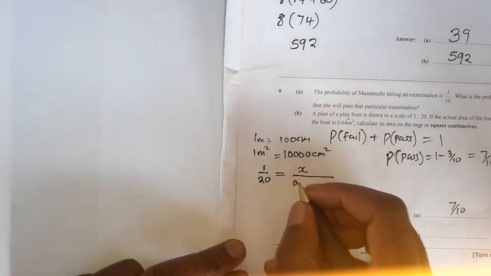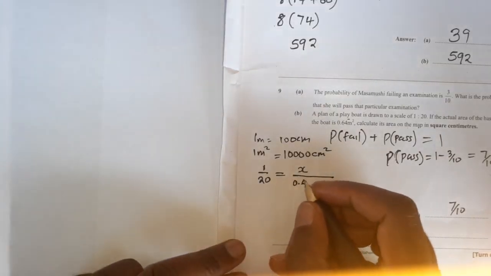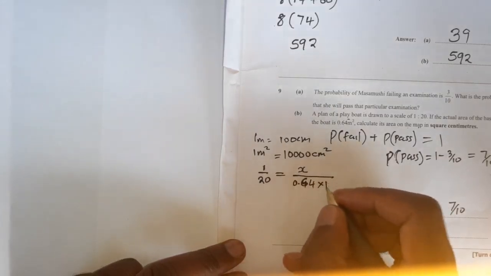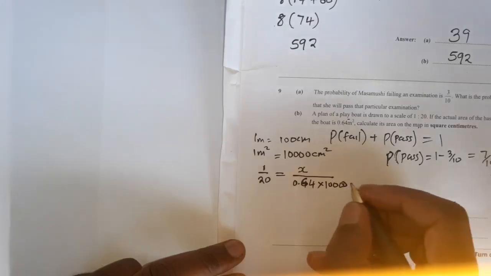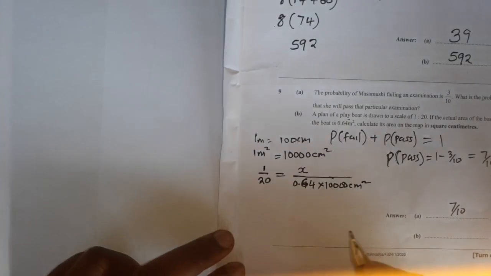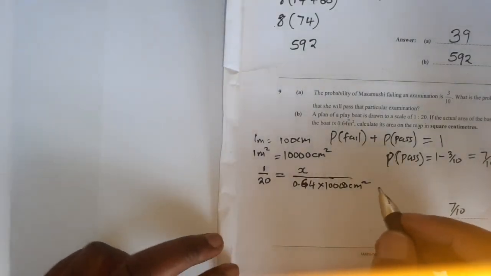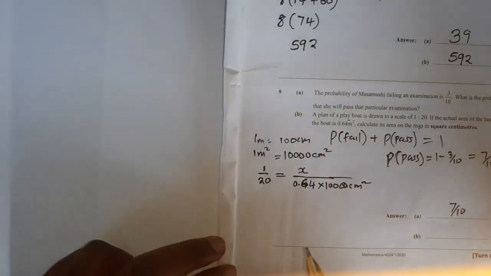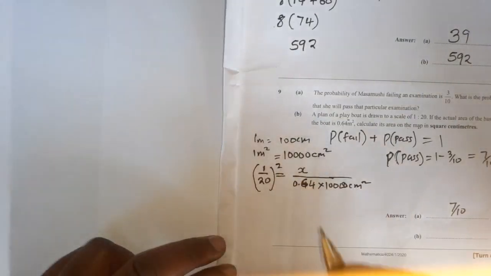So we're going to have 0.64 multiplied by 10,000 centimeters squared. Now, if this part is squared here, don't forget we need to square this part also.